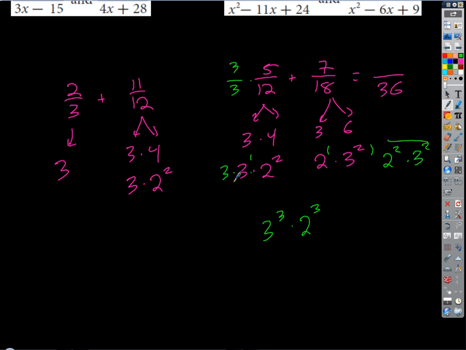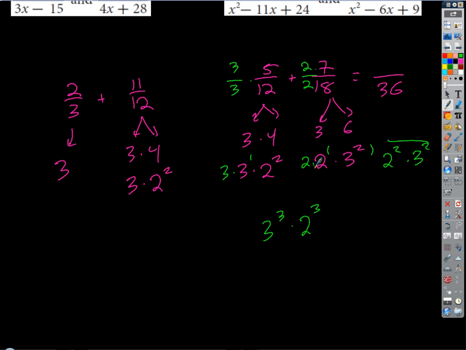You see? On this side, I need to end up with the smallest denominator I can build from all those factors of both fractions, which is my 2 squared times 3 squared. Well, this one's got a 3 squared, but it's only got a 2 to the 1, so I got to multiply this one by 2 over 2. Then I get my 2 squared times 3 squared. Right?